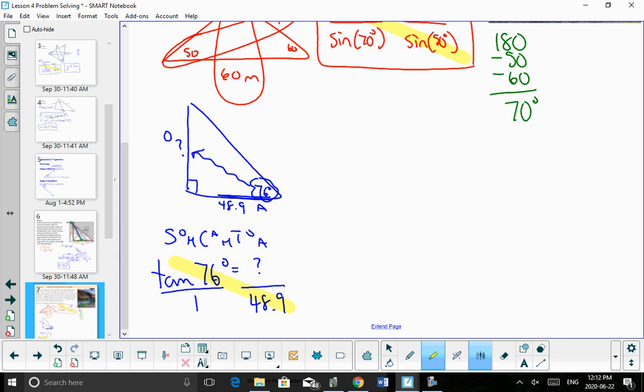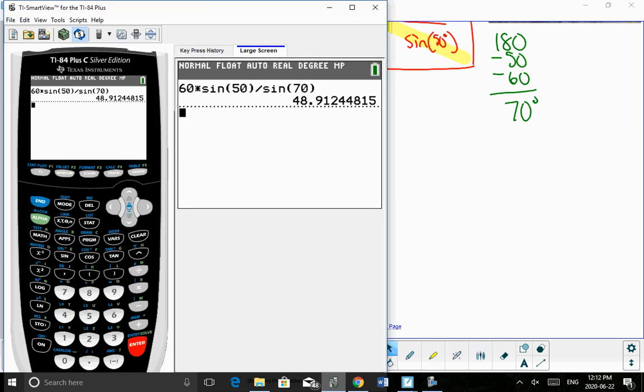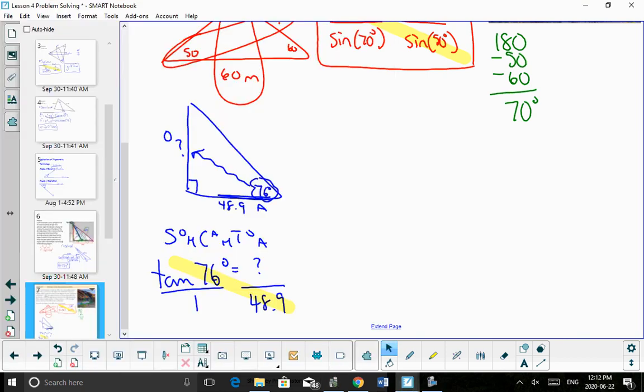So you go tan 76 times 48.9 divided by 1. You get out 196.1 meters. So that's option 1.